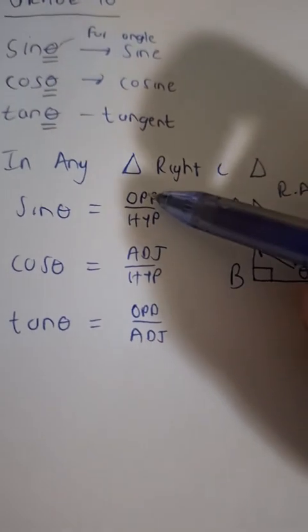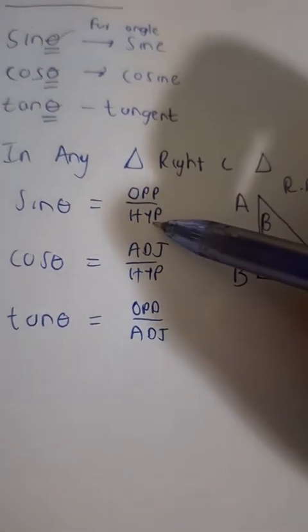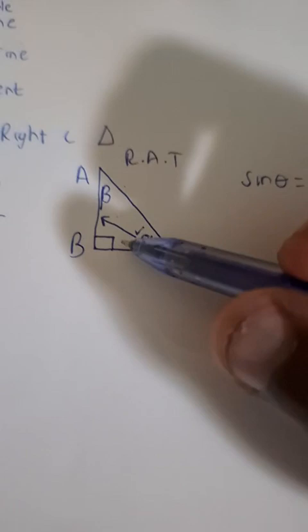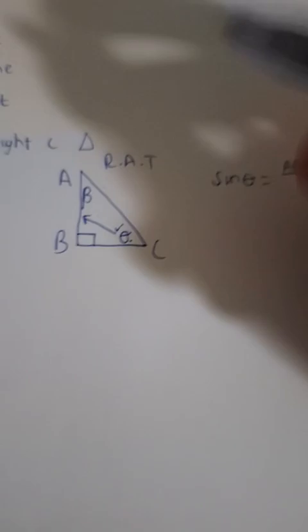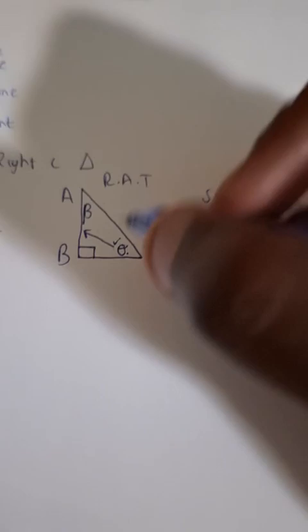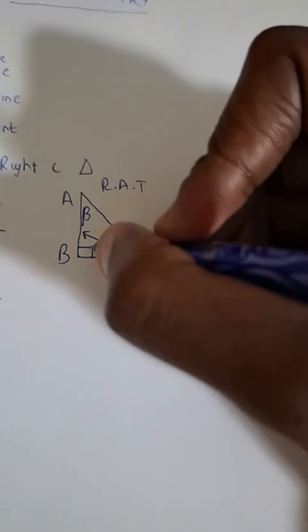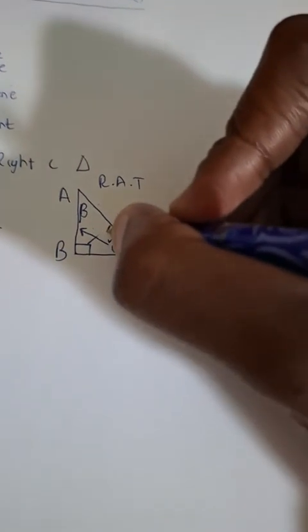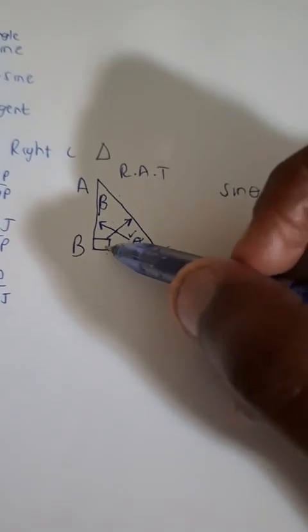Then it's the opposite side over the hypotenuse side. What is the hypotenuse side? Guys, the hypotenuse side in any right angle triangle is the side that is directly opposite the right angle that we have here.